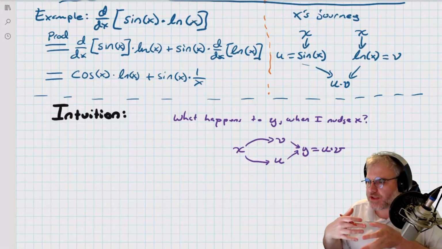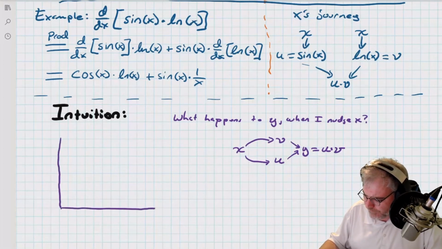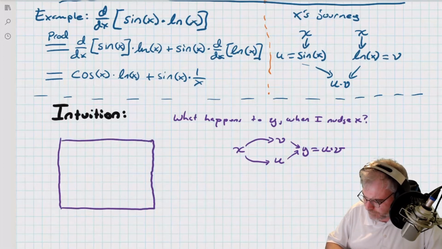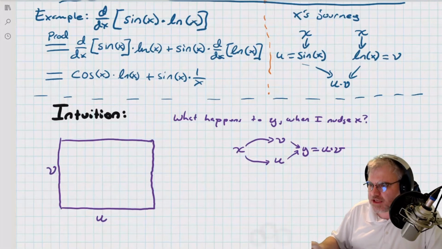So the intuition is this, right? What I'm going to do is take u times v. I'm going to let u be this distance, and I'm going to let v be that distance. And then I'm going to nudge them.